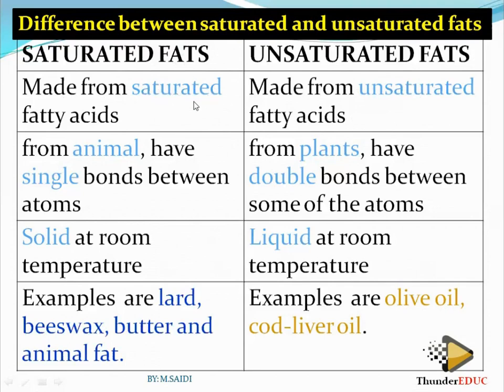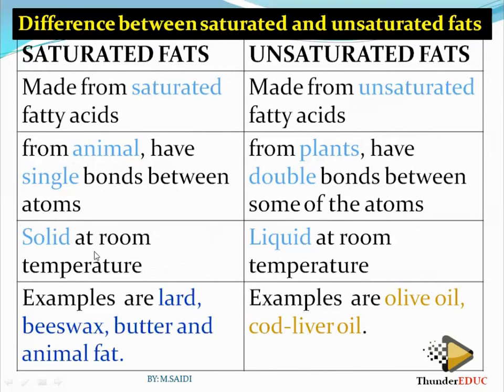They have single bonds throughout, and these have a double or triple bond somewhere. Saturated fats from animals are solid at room temperature, because we said that those from animals are solid. They are solid at room temperature.